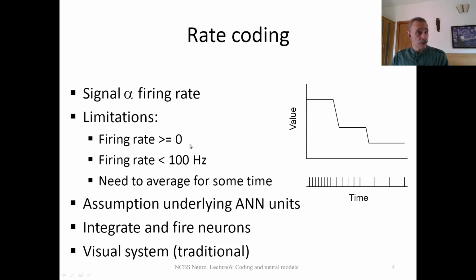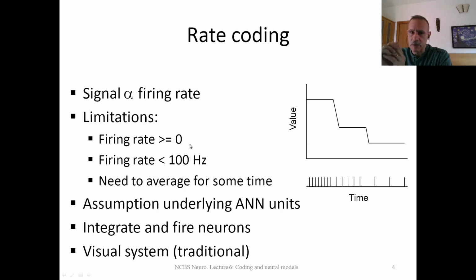Now, there are limitations to doing things this way. First of all, you cannot have a negative firing rate. So that means that you can only encode things starting at level 0 and then going on up. But similarly, you can only have firing rates within a certain maximum range. And for most neurons, it completely maxes out at about 100 Hertz, usually much less than that.